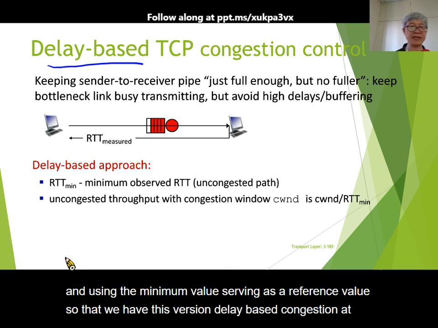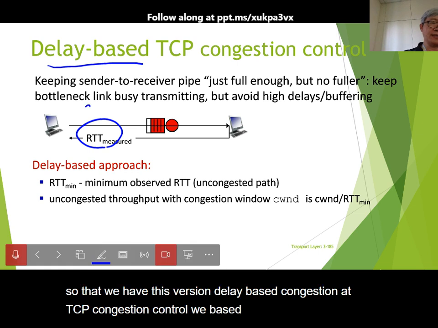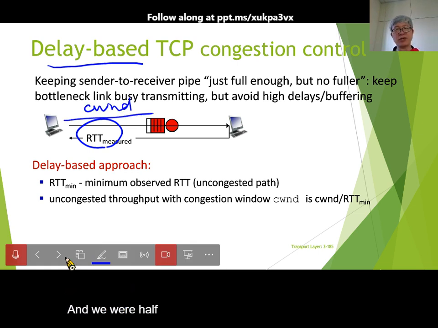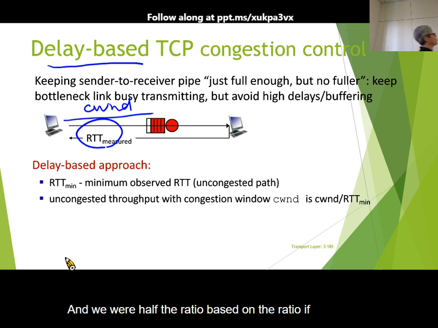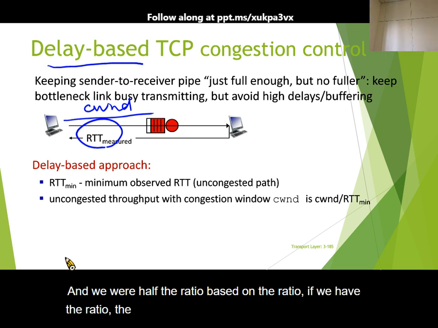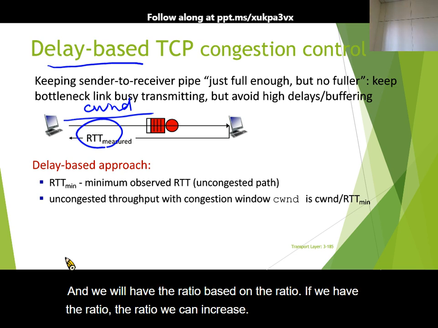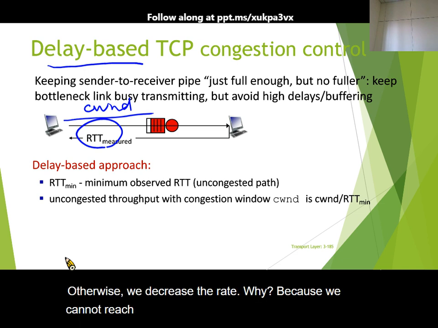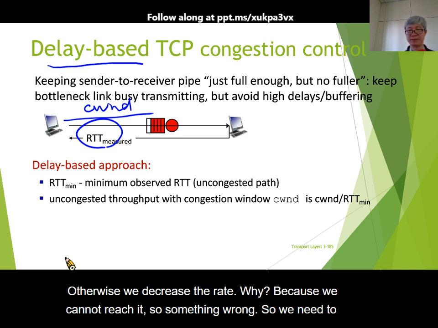We base it on this minimum value and the CWND, and we will have the ratio. Based on the ratio, if it is near, we can increase the rate. Otherwise we decrease the rate. Why? Because we cannot reach it, so something is wrong and we need to decrease the rate.